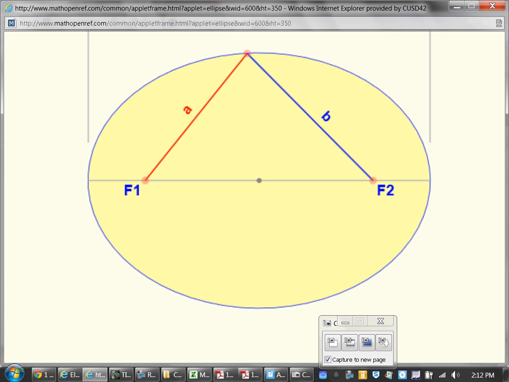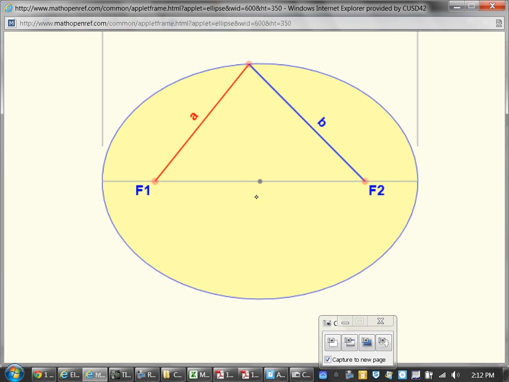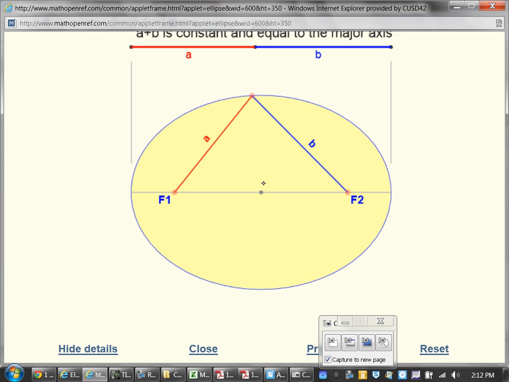Not necessarily. Oh, I see what you're saying. I think it is. It might be. You learn something new in math every day. I don't remember. It's been so many years since I had to prove anything off of it.